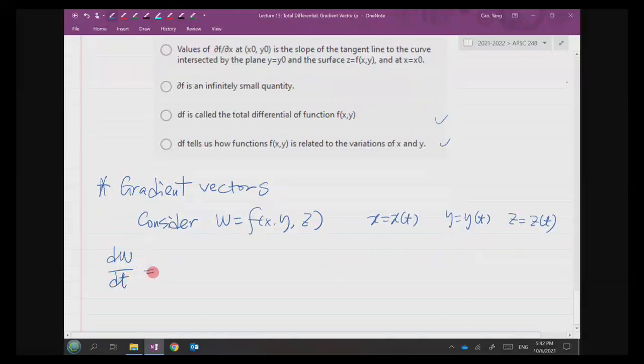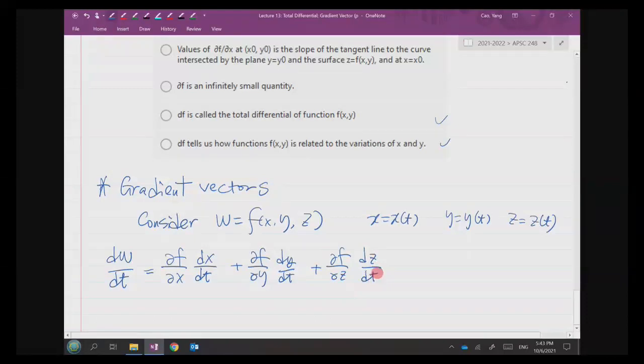If I need to calculate the derivative of this w with respect to t, I can use the chain rule, right? So the chain rule is partial f over partial x times dx over dt, plus partial f over partial y times dy over dt, plus partial f over partial z times dz over dt.